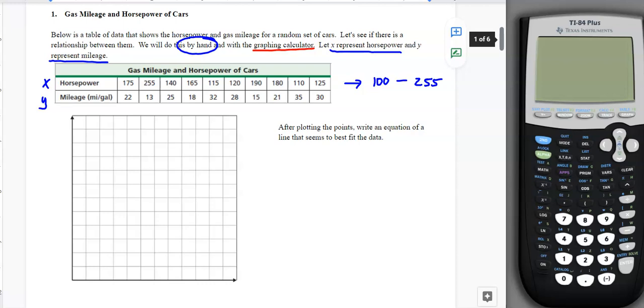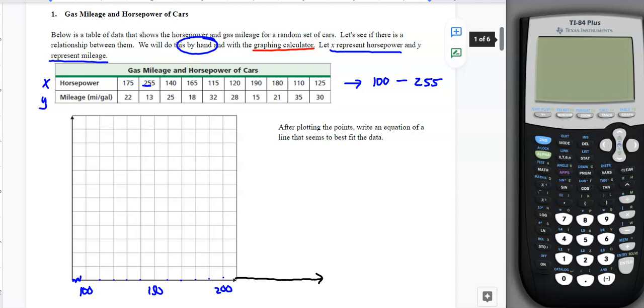So I might put a little break in the graph, and start 100 right here. And then maybe we can go by tens. We may go off the graph a little bit, but 110, 120, 130, 140, 150, 160, 170, 180, 190, 200. That gets most of the data. It looks like we do have this 255, so I might just extend this graph out a little bit.